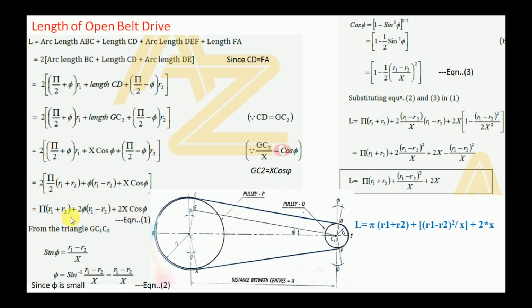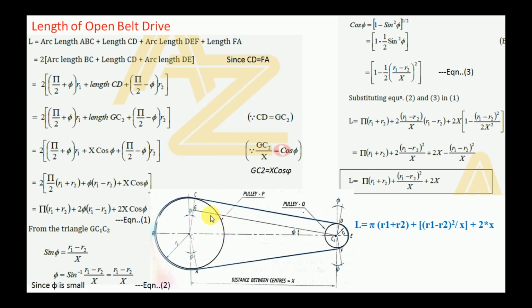In this equation we have the angle phi and cos phi, and these should be eliminated, or substituted in terms of the radius and the center distance. To do that, we will continue from the triangle GC1C2. Here we will take sin phi.